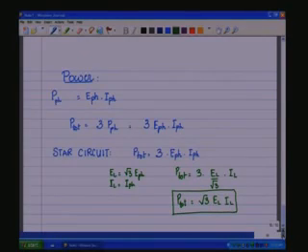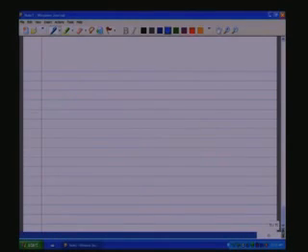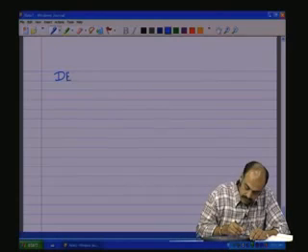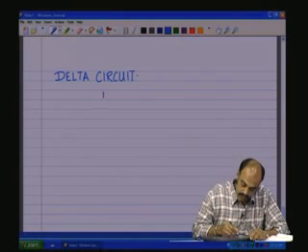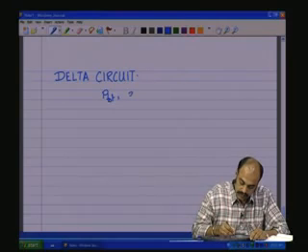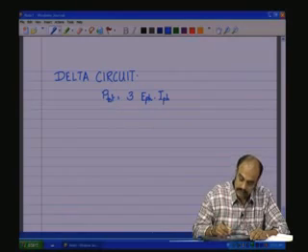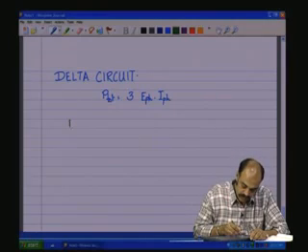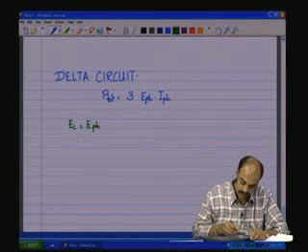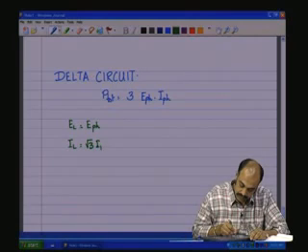Now, in the case of the delta circuit, P total is 3 times phase voltage into phase current, and here the relationship that we are trying to use is E line equals E phase, and the line current I L will be root 3 times the phase current.